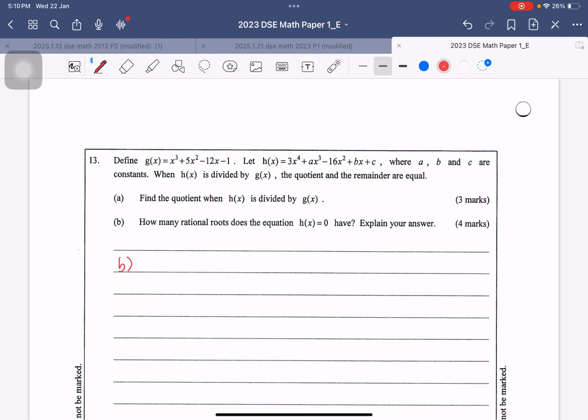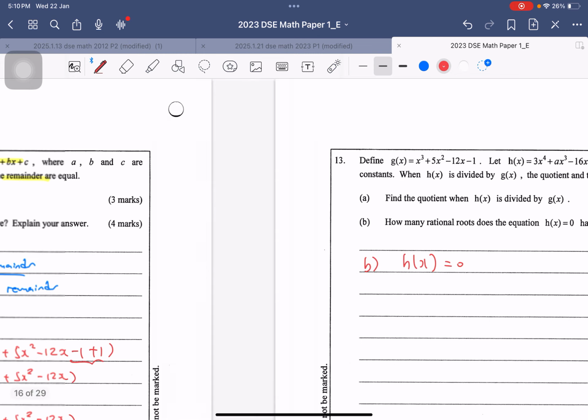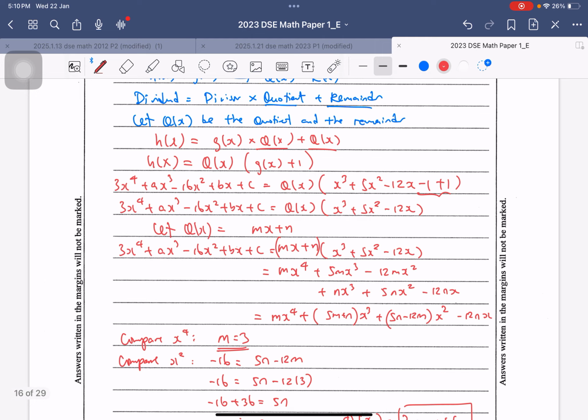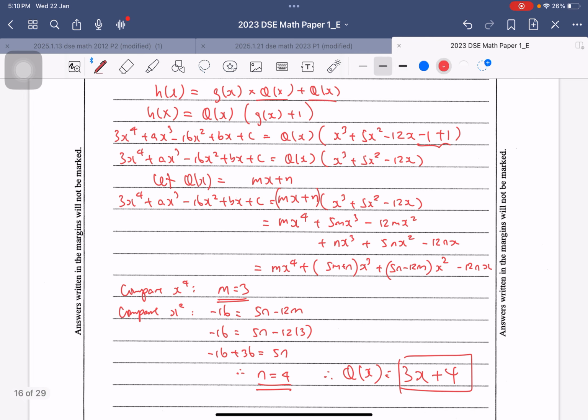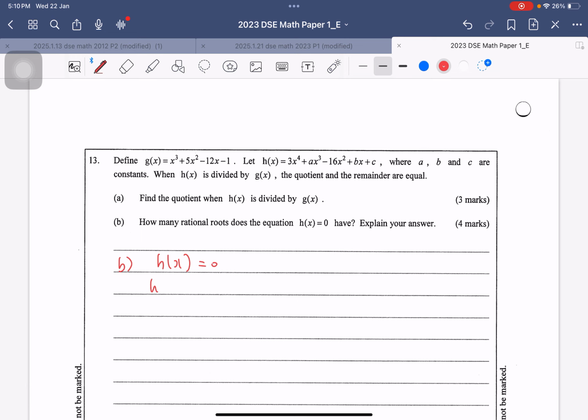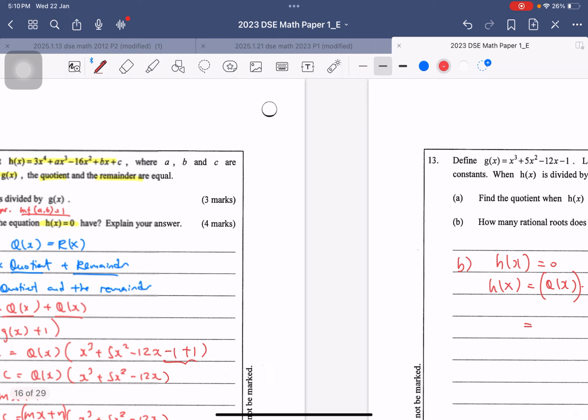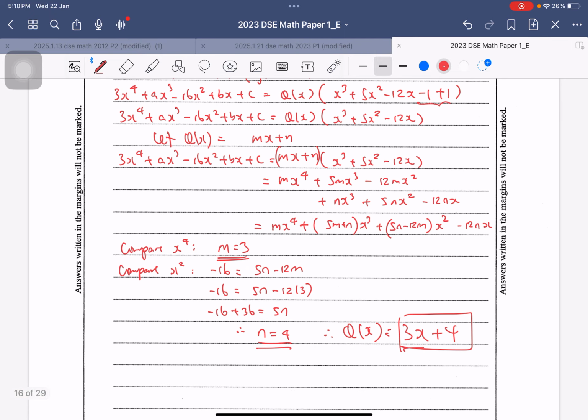So part B, we can write the h(x) equal to 0 first. Remember, h(x) is equal to Q(x) times g(x) plus 1. Can copy that down. Q(x) is our 3x plus 4. That's what we found from part A. So Q(x) is just equal to 3x plus 4.